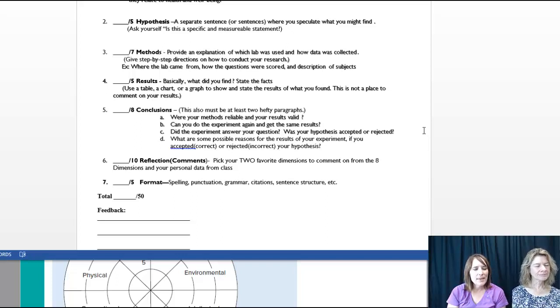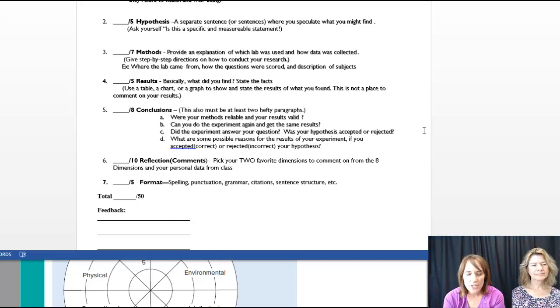Excellent. Then the next area are your conclusions that you will be drawing as a result of your experiment. So there are specific questions that are asked in that section. You're going to be looking at if your methods were reliable and your results are valid.